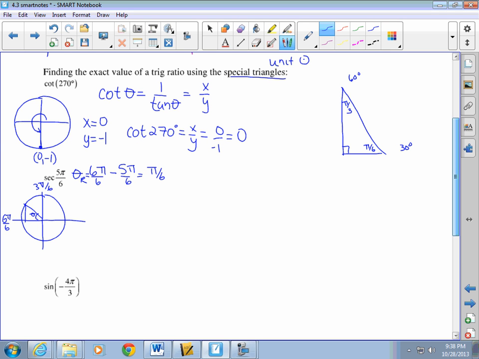When I was doing this on the unit of 1, this was 1 here, this was 1/2, and this was square root 3 over 2. If you didn't divide all those by 2, you could leave them as 2, square root 3 and 1, and you can still calculate the same values. Okay, so I'm just going to put that in brackets. This could be the same as 2, 1, and square root 3.